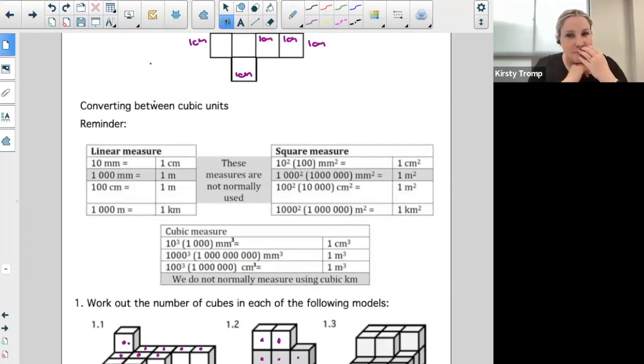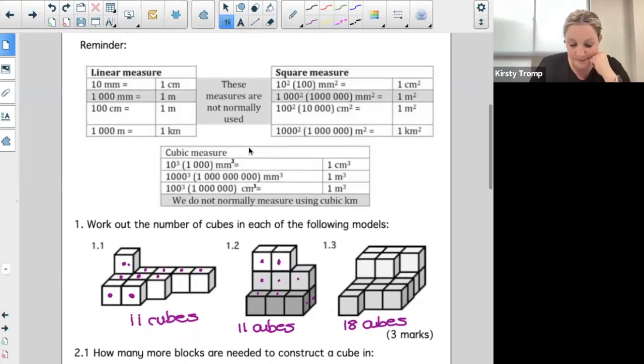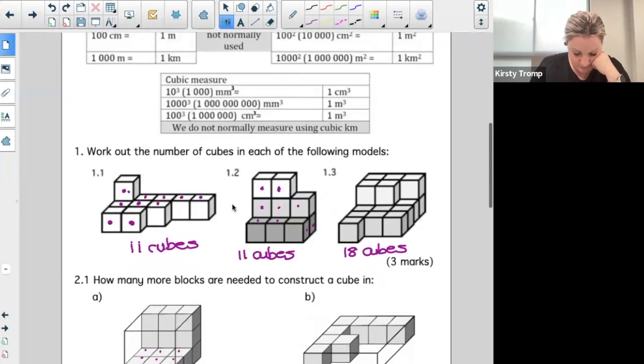Sure. May you please go to number 1.2, ma'am? That one over there with 11 cubes. Yes, ma'am.